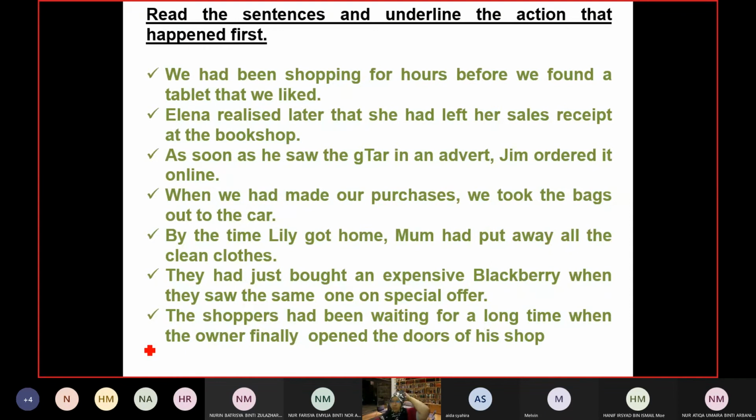Those who are ready, you switch on your mic and give me the answer. There are 10 sentences there that you have to identify which action happened first.